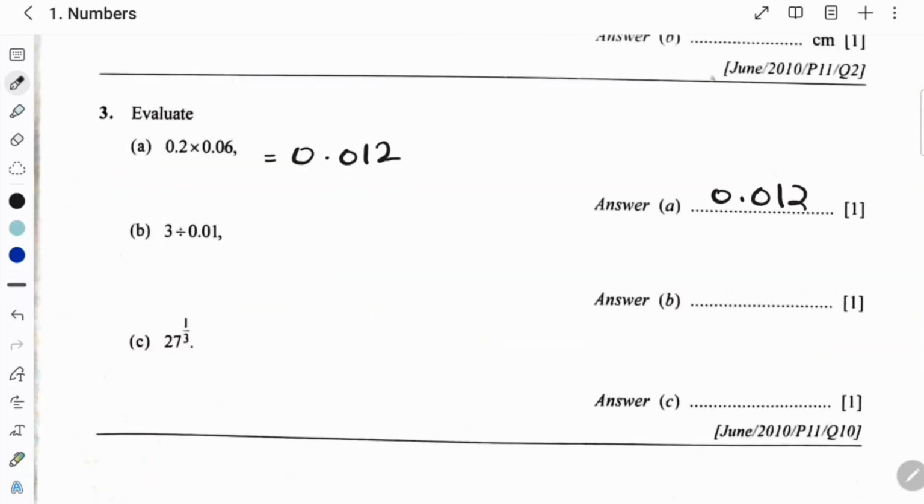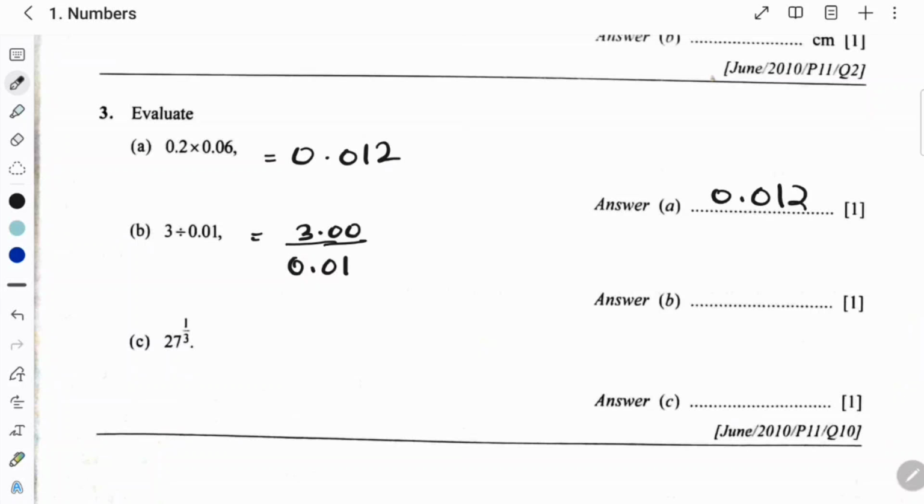Alright, you have to understand this division because mostly students find it difficult, but it's not difficult. Now look at part B of question number 3, evaluate. 3 is divided by 0.01. We have 2 decimal places in the denominator. Make 2 decimal places in the numerator also if they are not there. You must have an equal number of decimal places in the numerator and denominator.